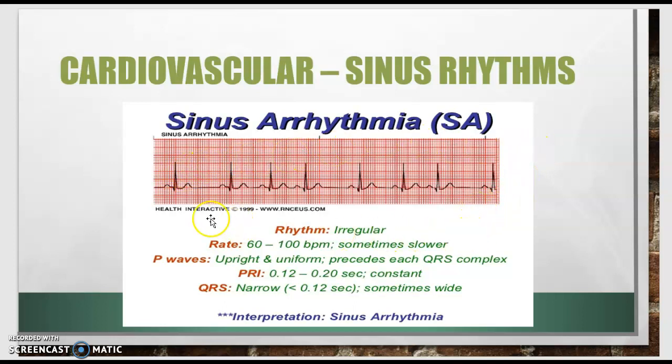Our heart rate is still normal though, 60 to 100 beats per minute, and our P waves are still upright and uniform. Our PR interval and our QRS are still normal at below the 0.12 seconds. So sinus arrhythmia is just that the rhythm is irregular, okay?